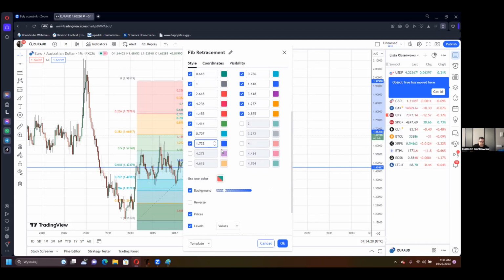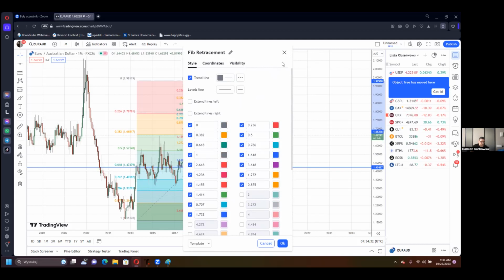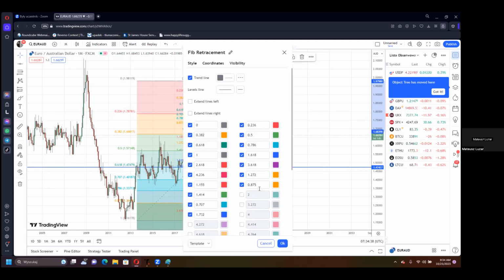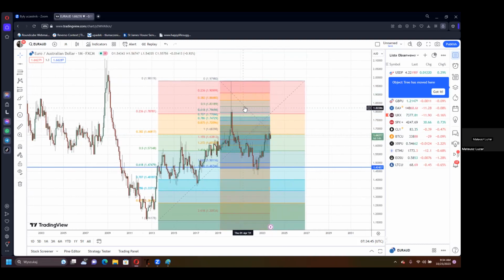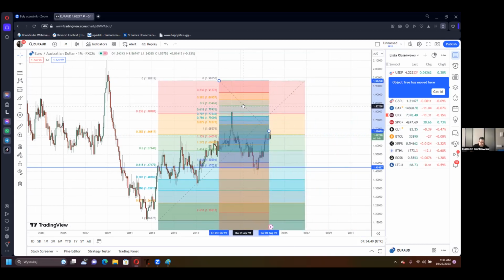Let's check that one. Yes, 173.2, so it's closer actually. So we could say that we have a geometric cluster right there.